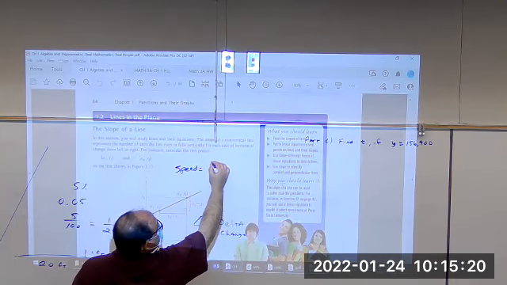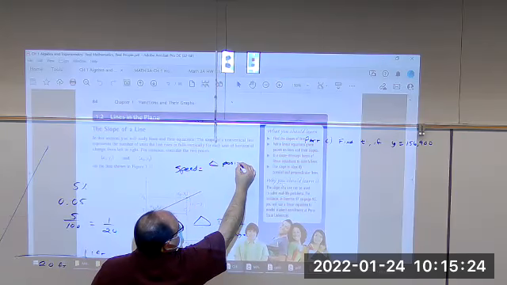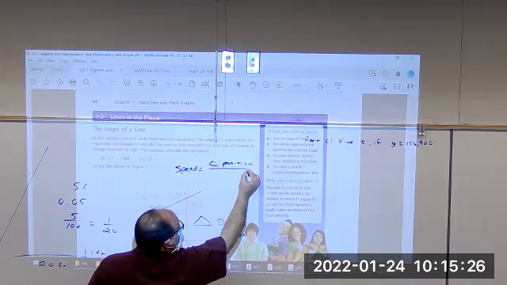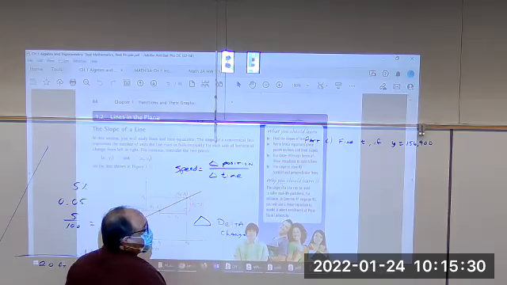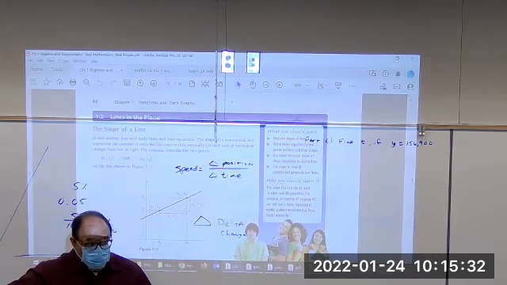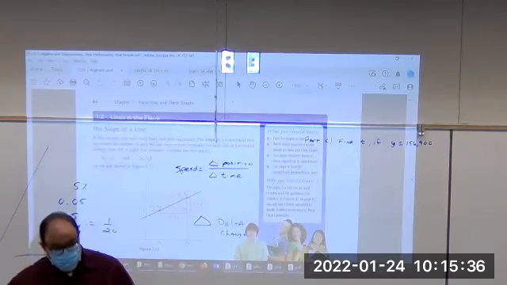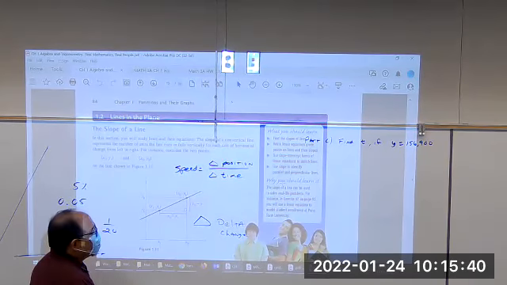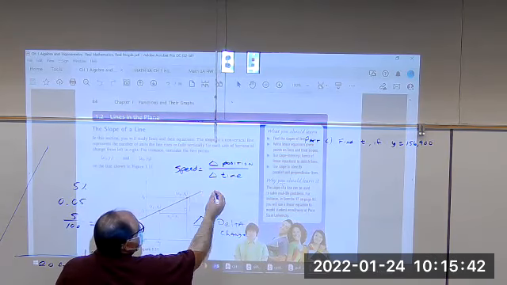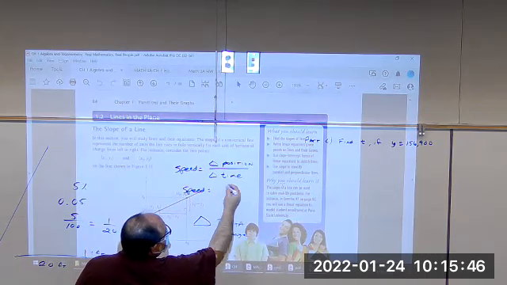Speed is the change in position divided by the change in time: where you are minus where you were, divided by when you started and when you got there.